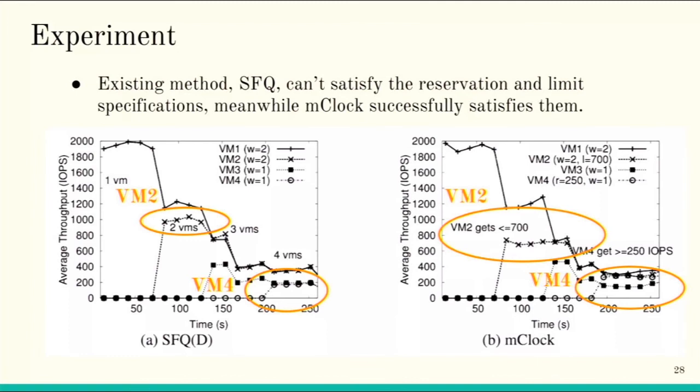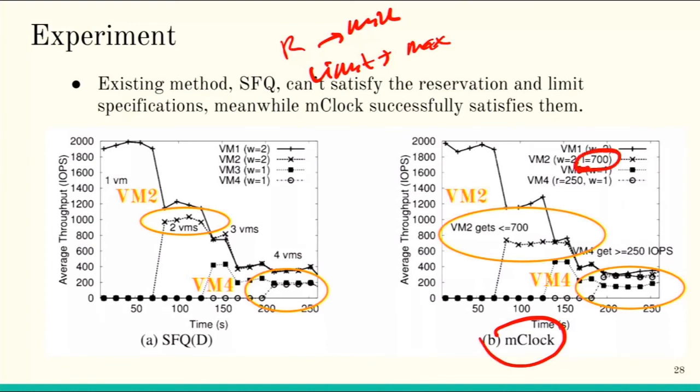Next we will take a look at the experimental results of this algorithm. This paper compares with an existing method, which is SFQ. In SFQ we cannot apply a reservation or minimum, nor a limit for the maximum upper bound. Meanwhile, by using mClock, we can apply a limit, for example 700 here, and we can specify reservations, for example for VM4 here.